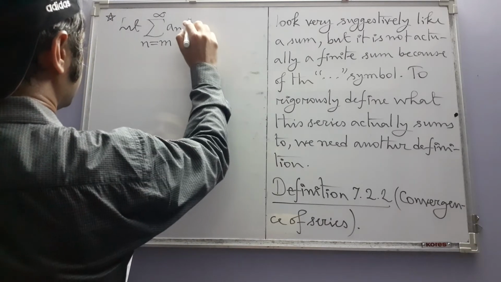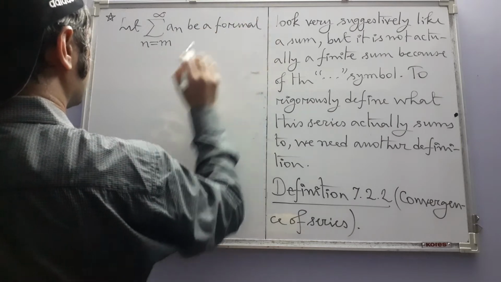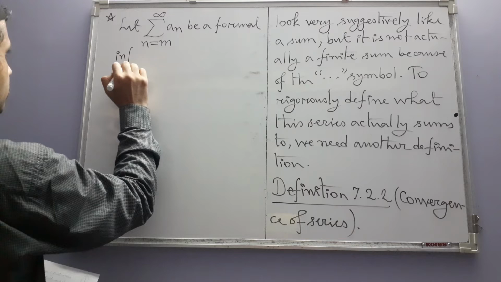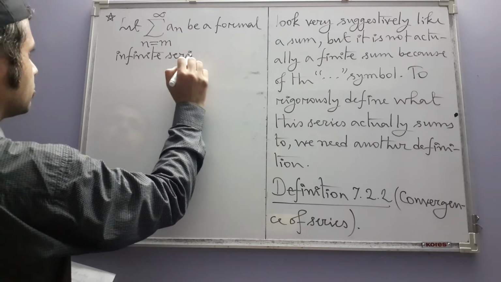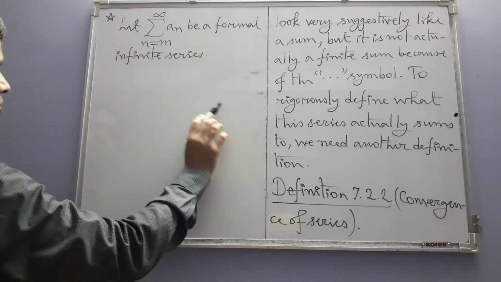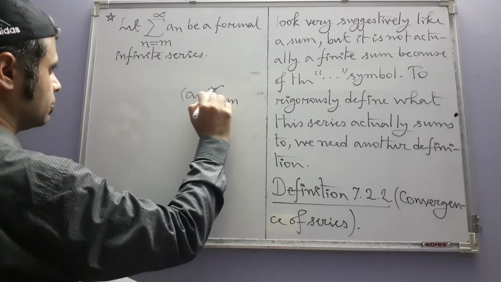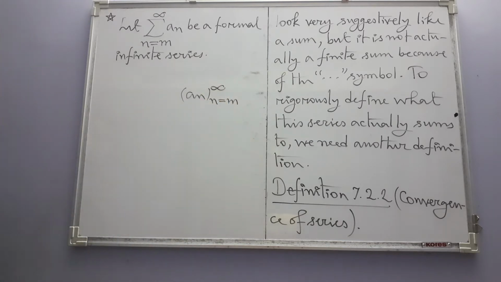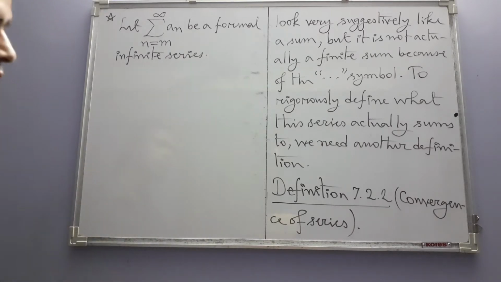Let this be a formal infinite series. So we understand that this is an infinite sequence of real numbers, so all those things are included in this statement itself, that this is a formal infinite series.